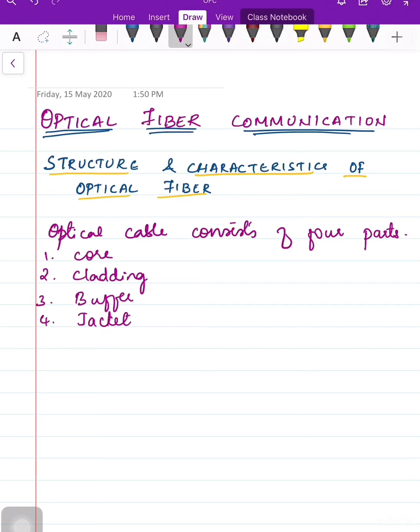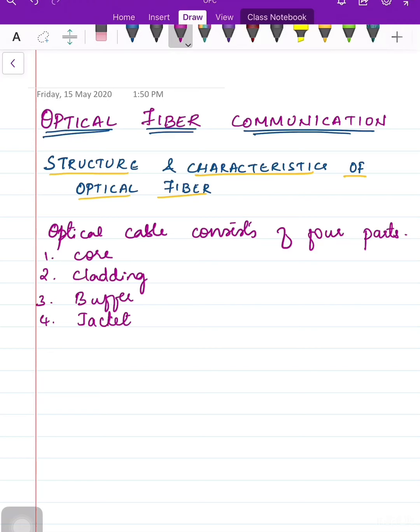Typically glass cores range from as small as 3.7 micrometers up to 200 micrometers. The core sizes commonly used in telecommunications are 9 micrometers, 50 micrometers or 62.5 micrometers.